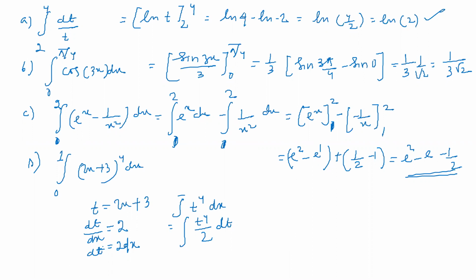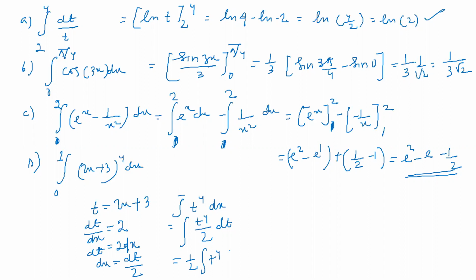We want to replace this dx. By replacing, I got t to the 4 dx, but this dx has to be replaced. So dx is equal to dt by 2. In place of dx, I wrote dt by 2 and take 1 by 2 outside.